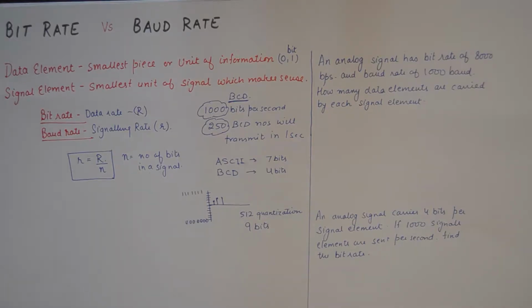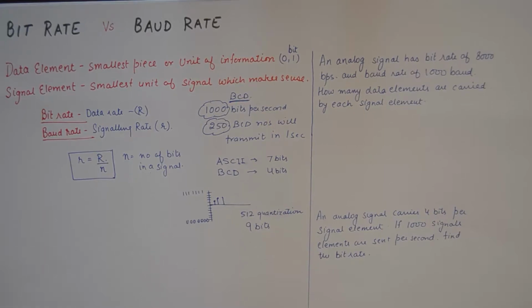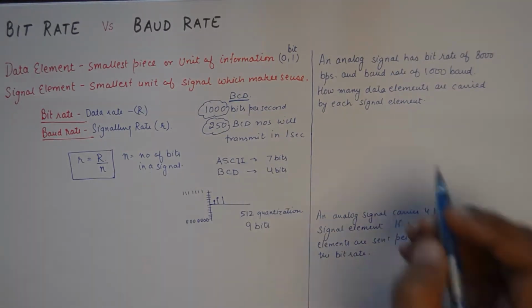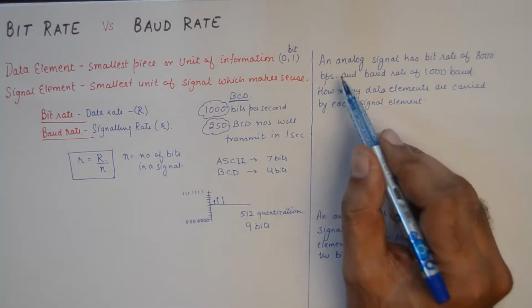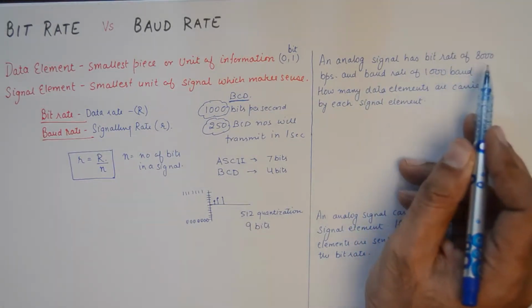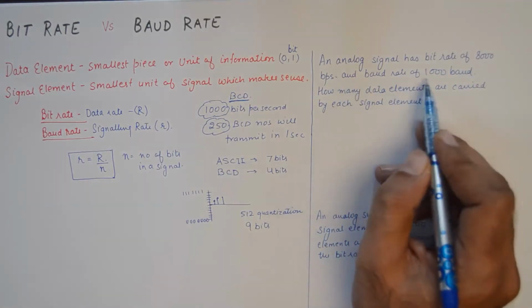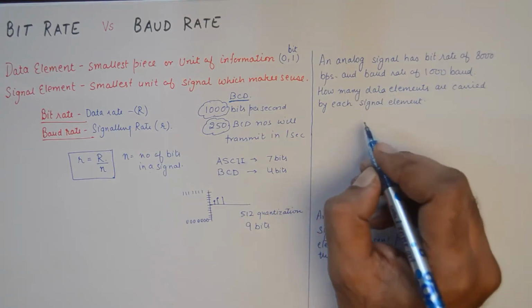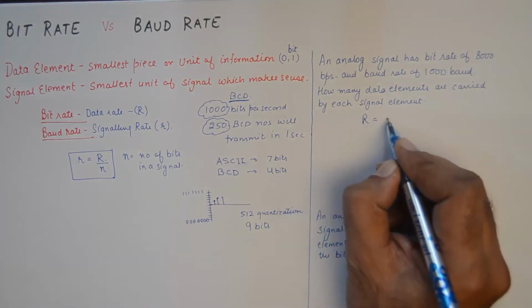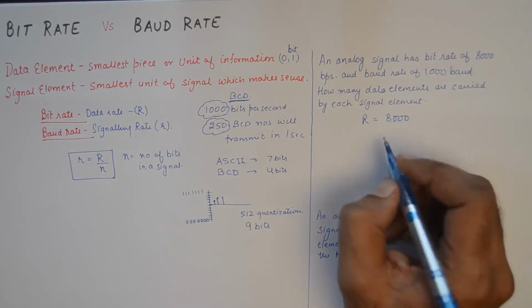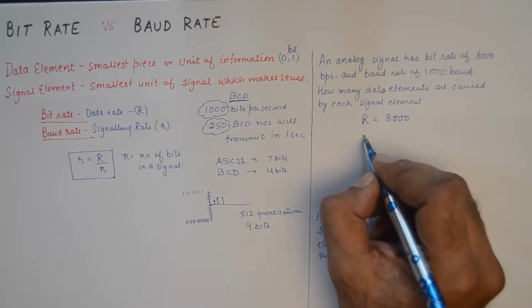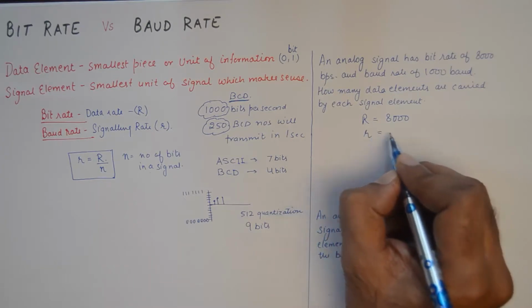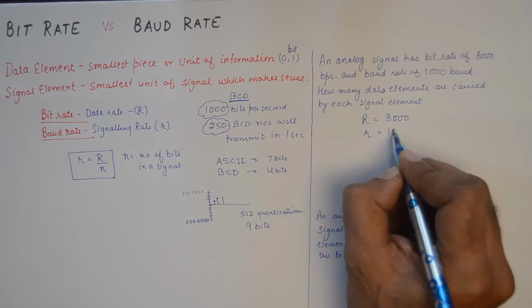So having understood this concept of the signal element, which constitutes the data element, which is a bit in digital communication, we can now proceed to solve these numericals. The first numerical says an analog signal has a bit rate of 8000 bits per second and a baud rate of 1000. So we know that capital R is 8000 and the baud rate, small r, is 1000.